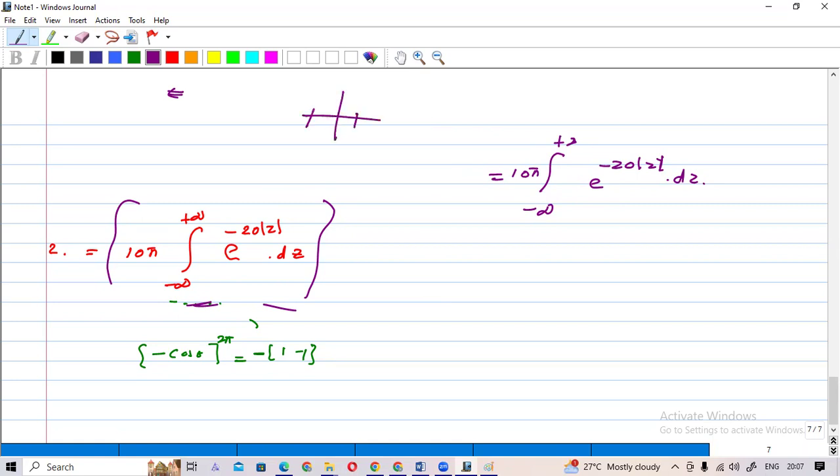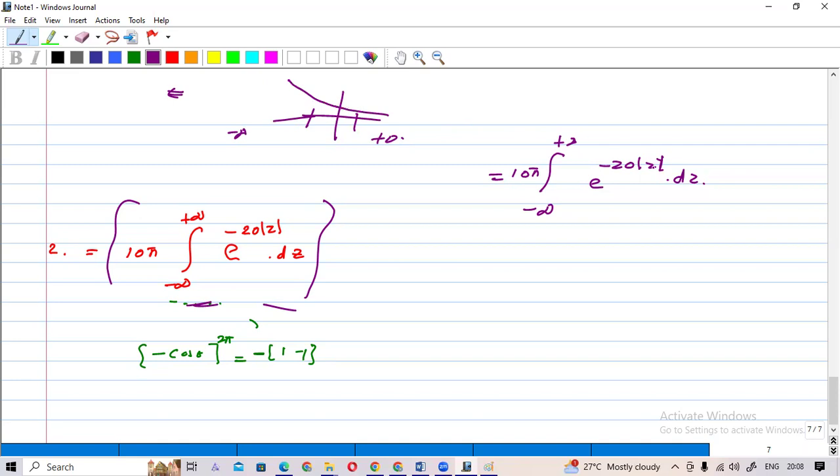From here to here, from minus infinity to plus infinity, you need to do the integration.